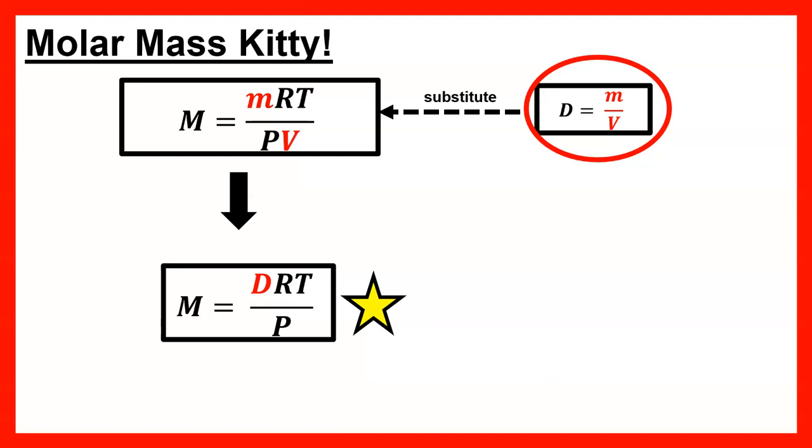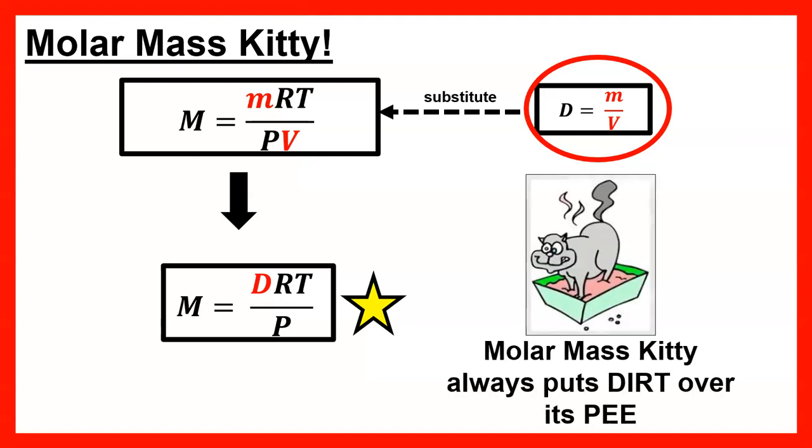Remembering this equation can really save you a lot of time. The little silly way to remember this is that molar mass kitty, M, always puts dirt over its P. It's a terrible way to remember it, but it is incredibly effective.